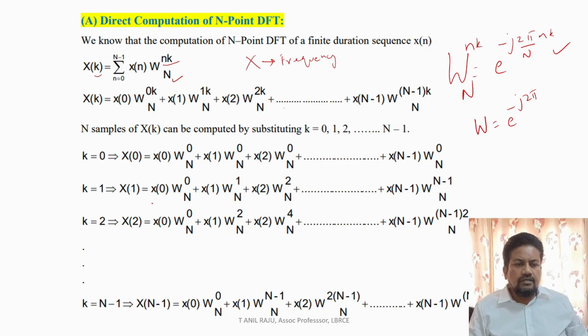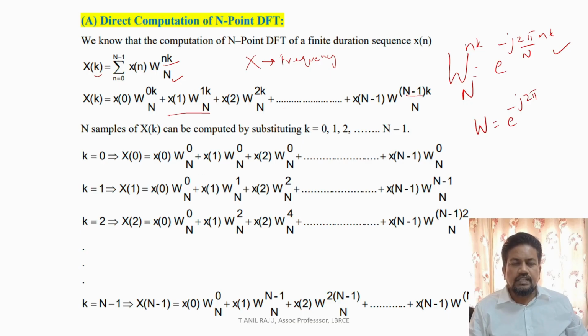If you expand this formula, with the summation n equal to 0 to N minus 1, when you substitute the n values, for n equal to 0 we get x0 W0k suffix N. The next term is x1 W1 nk suffix capital N. Like that, we will continue up to N minus 1 terms.